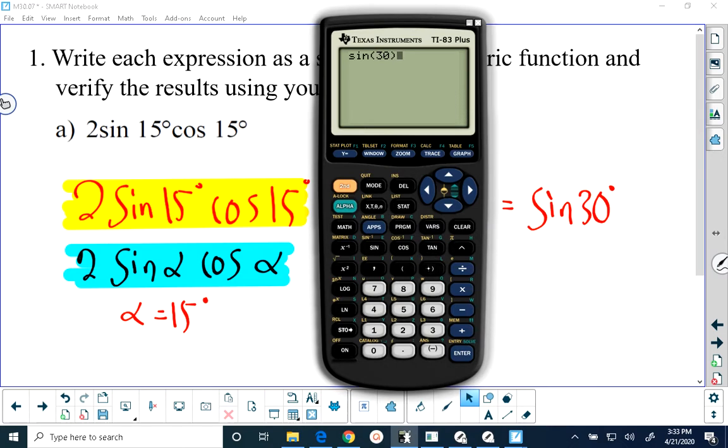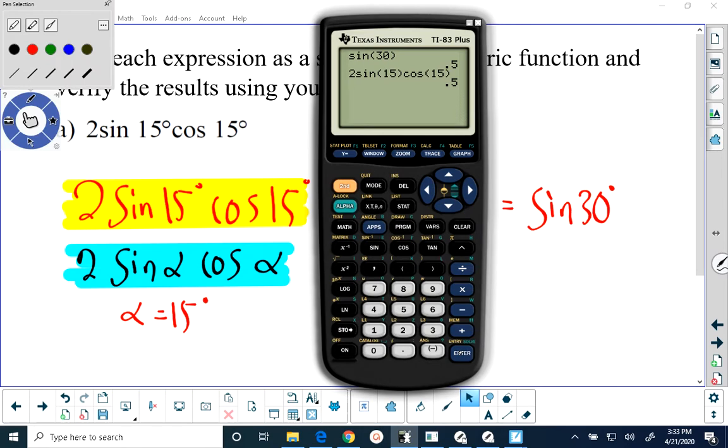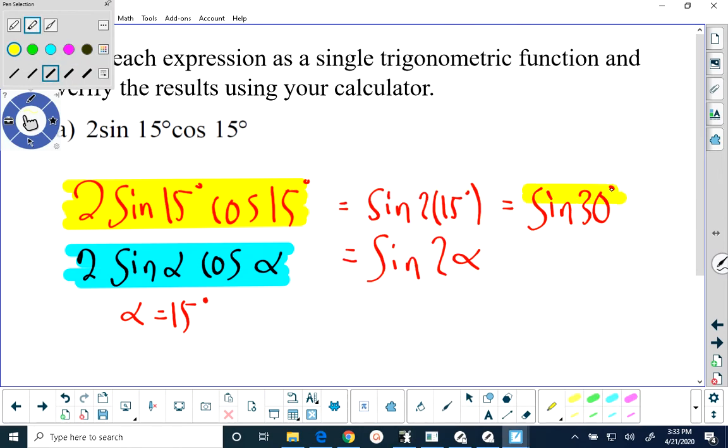Again, you should know that this is 1/2 or 0.5. Now what we want to do is see if it's equal to 2 sine 15 cos 15. 2 times sine 15 degrees times cosine 15 degrees gives us 0.5. So we're just verifying that it works. In other words, 2 sine 15 cos 15 is exactly the same as sine of 30. These two things are equal.